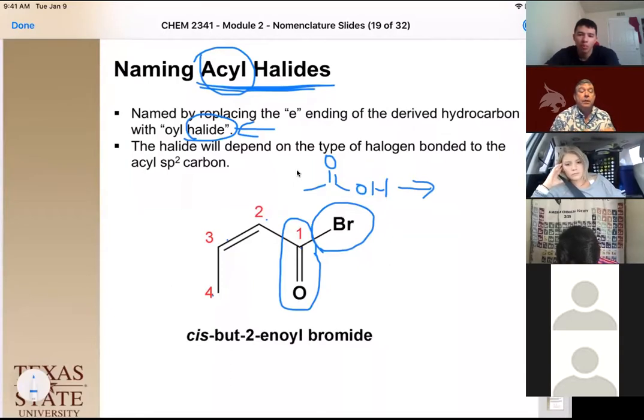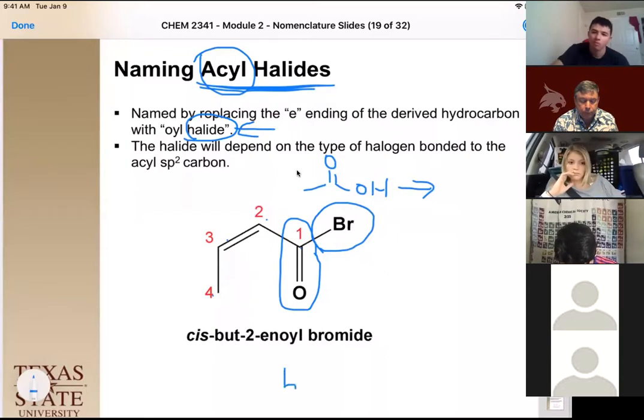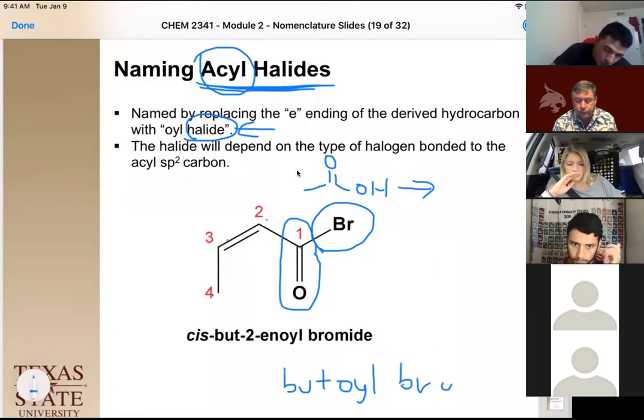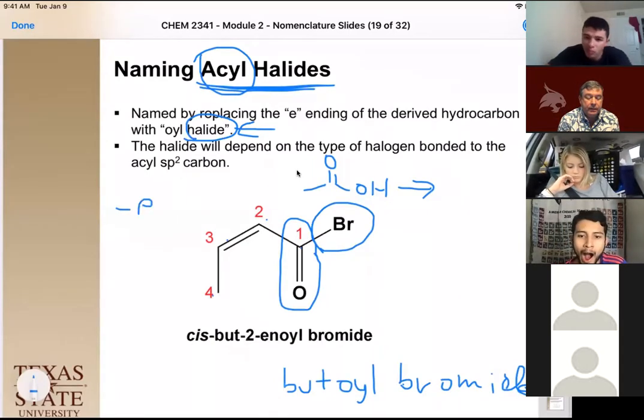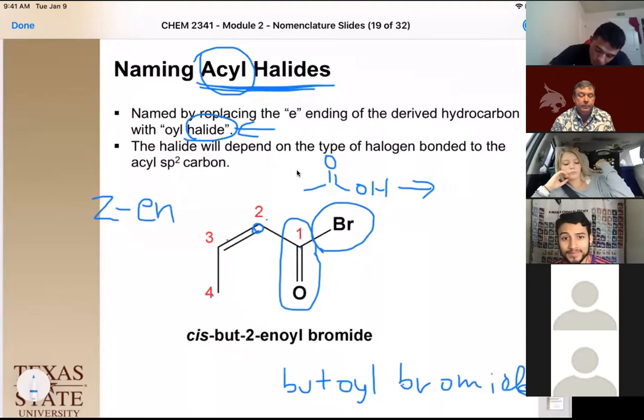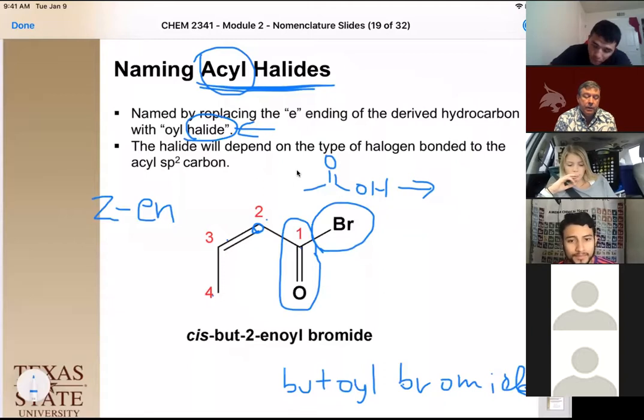If we converted it to the halide, it would be butanoyl bromide. But we have a double bond, so we use our infix ene, and it starts on the 2 carbon, so it's 2-ene.